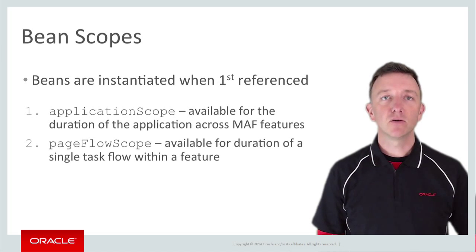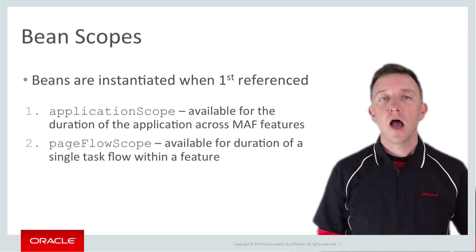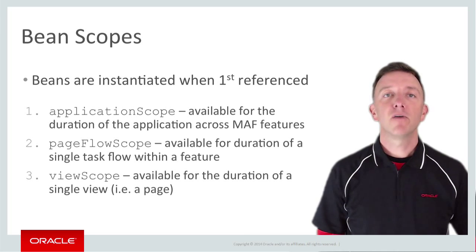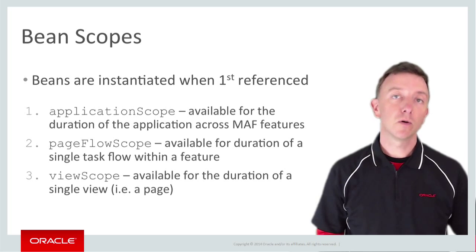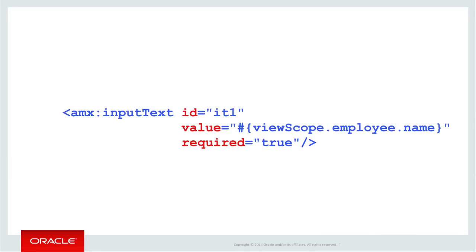Page flow scope beans are available for the duration of a single task flow within a feature. And finally, view scope beans are available for the duration of a single view, or in other words, a page. So one thing you must do is for your own beans in the EL expressions, if you want to use them, you must include a scope as shown here.